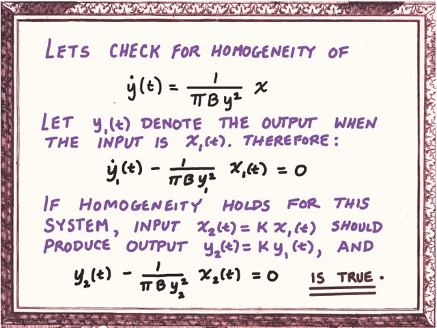And this pair x2, y2 should satisfy the differential equation. To check homogeneity, we're going to see if the pair x2 equals kx1, y2 equals ky1 satisfies the differential equation.